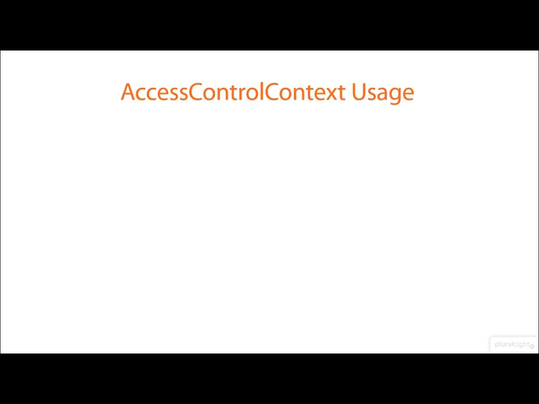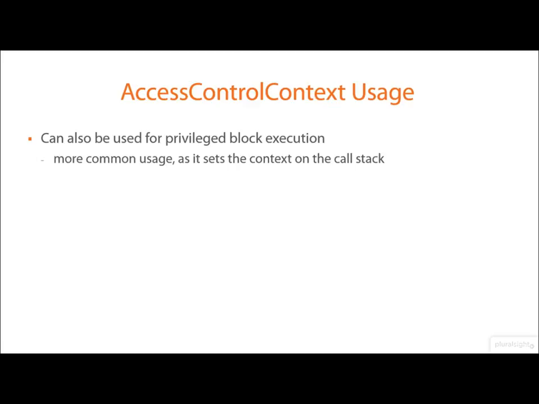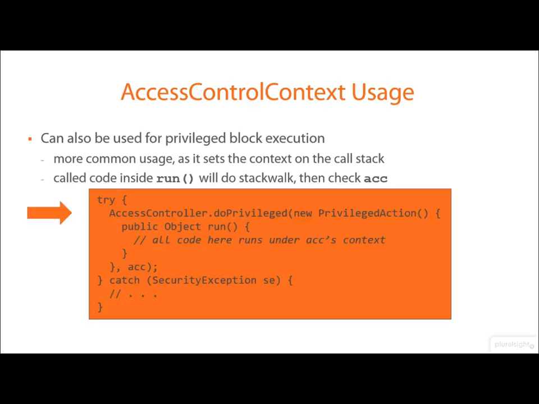Now, the most likely use of access control context, though, is to do something called a privileged block execution. And what this does is it sets the context on the call stack and essentially prevents the stack walk going any further. The way we do this is by creating something called a privileged action. The privileged action has a run method. We do the check inside the run method, but that prevents the stack walk. So we only check things inside the run method. So the code looks like this.